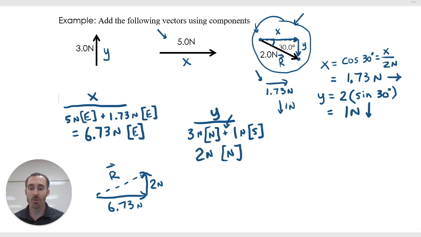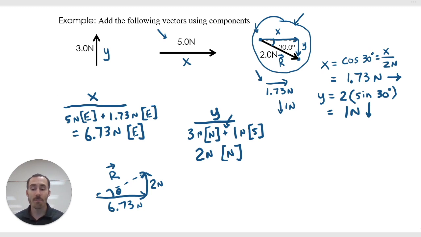This is our total vector. Resultant is just when you add vectors together, that's your answer. And so we need to know both the size of this resultant and we need to know its direction because it's a vector. And so we need to know this angle. Okay, so we've got 2 pieces to do here.